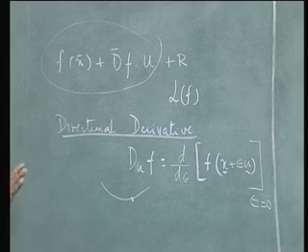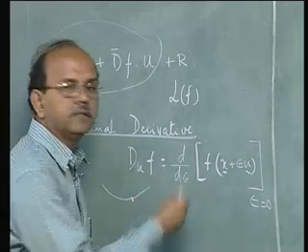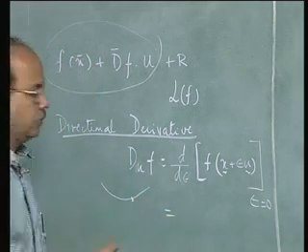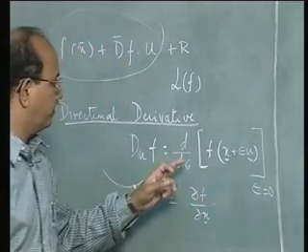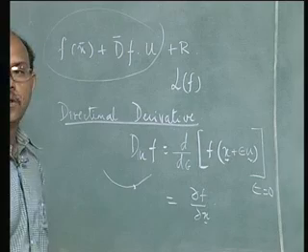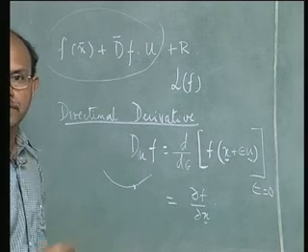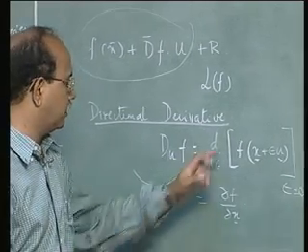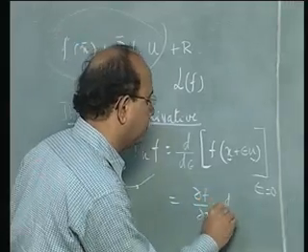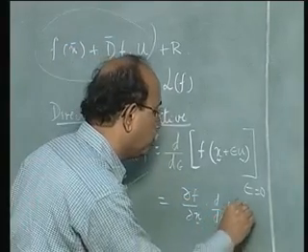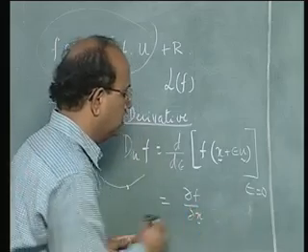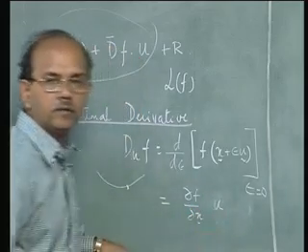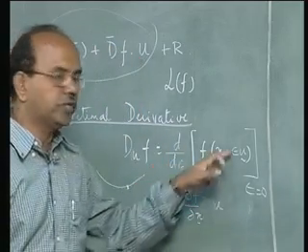Now, if you look at this term, I can just apply the chain rule. You can write that as dou f by dou x dot d by d epsilon of epsilon u, which happens to be u. That's just the chain rule.